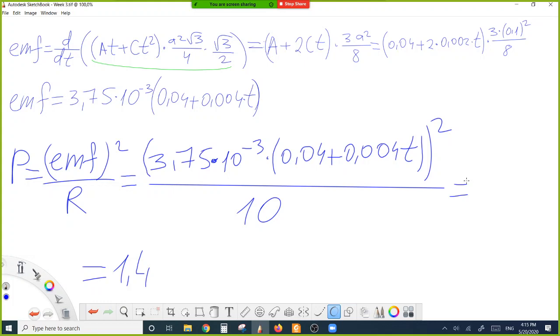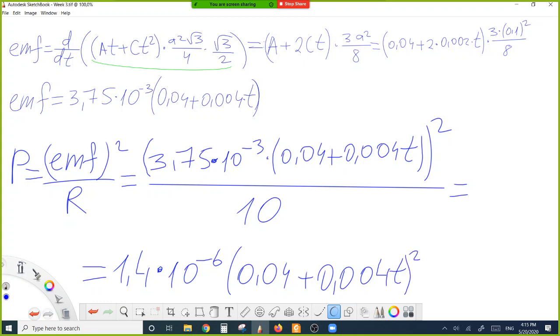Okay, 1.4 multiplied 10 to minus 6 multiplied by 0.04 plus 0.004 t squared.